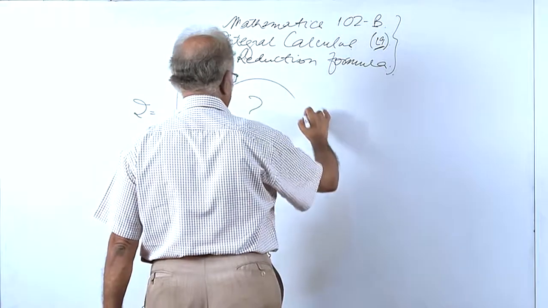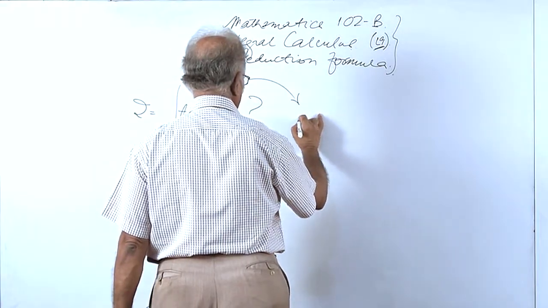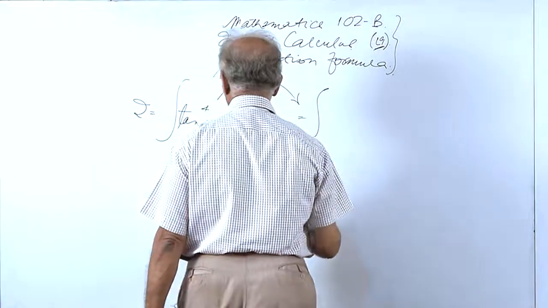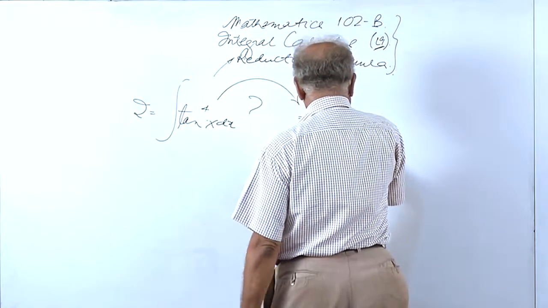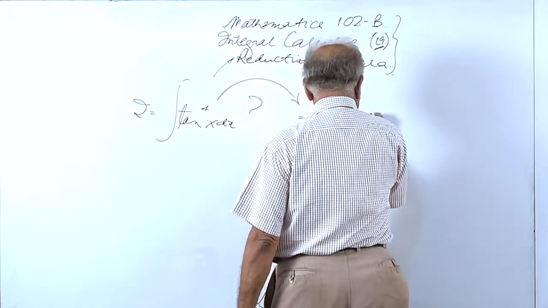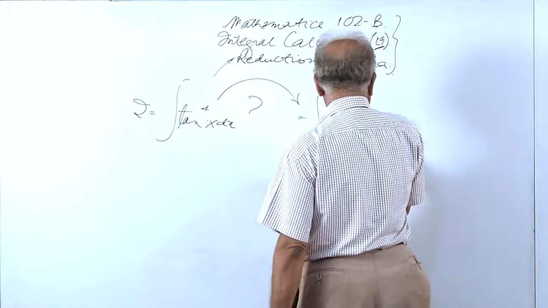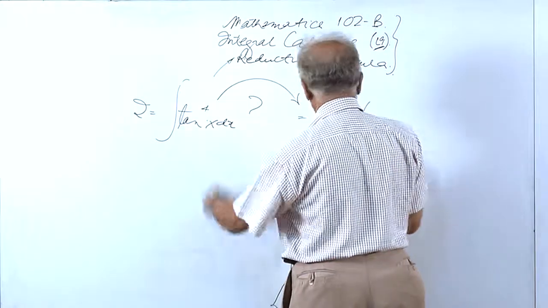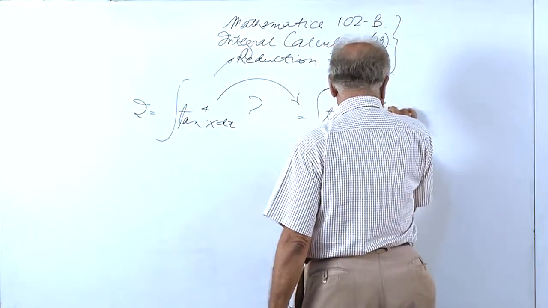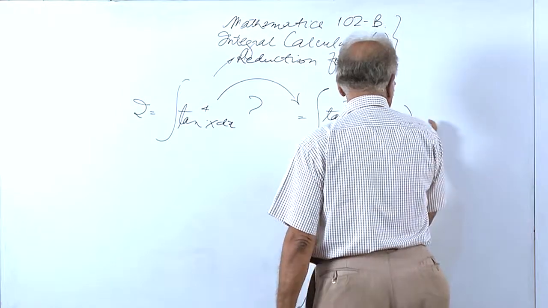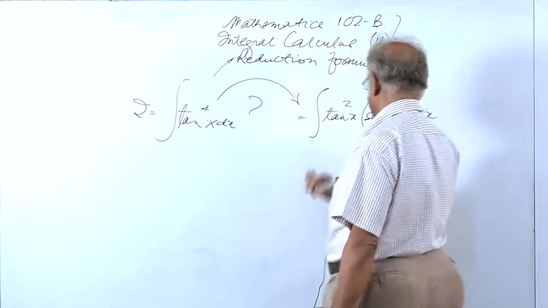We write this as being equal to integral tan square x into, the next tan square x is sec square x minus 1, dx.